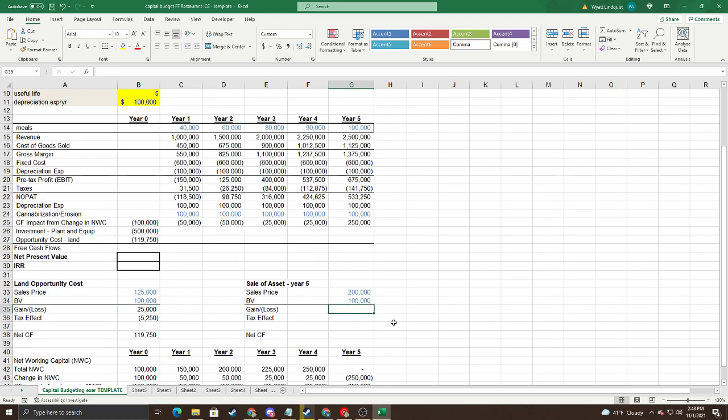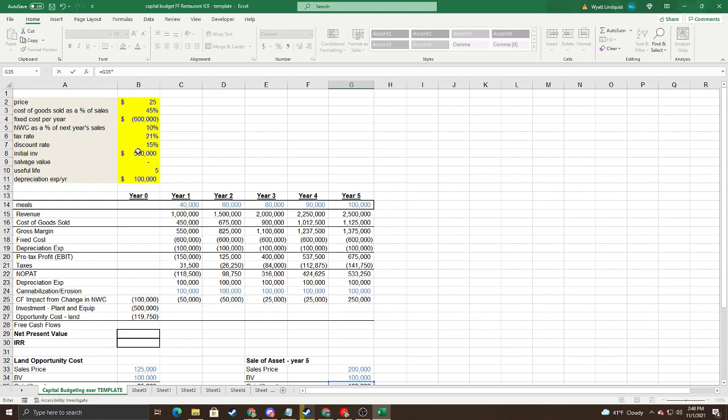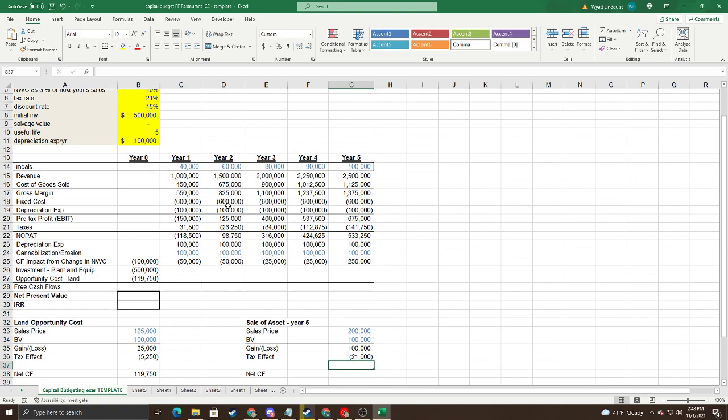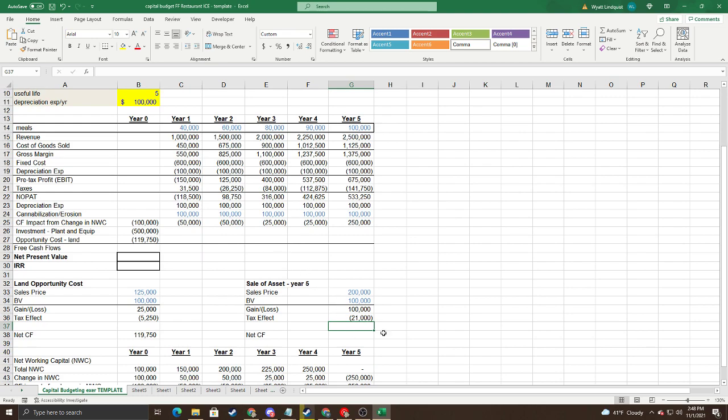So we just leave it how it is. Now, once again, we're going to take the 200,000 and we're going to subtract the $100,000 from it. Now, this is our gain that we would gain once we sell. We're going to multiply that by the negative tax rate, and we're going to get negative 21,000.